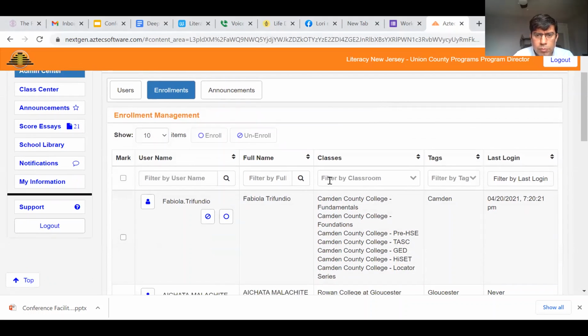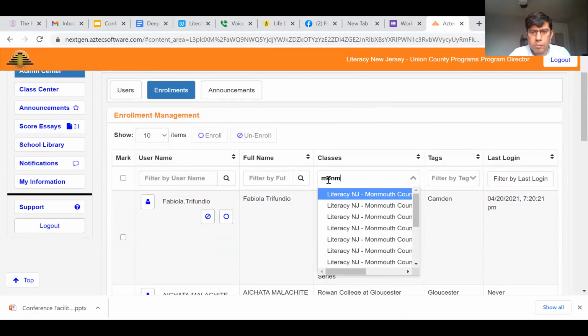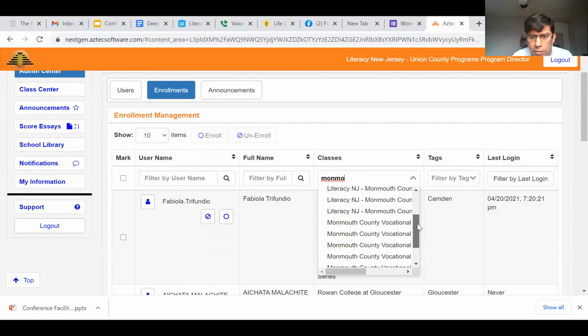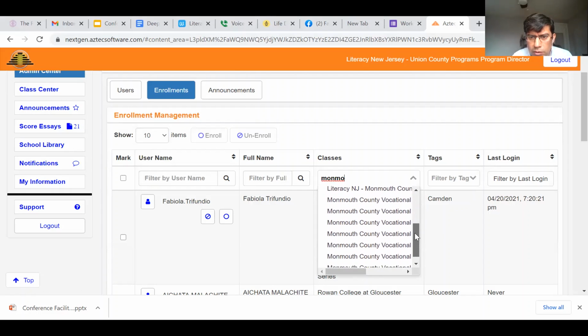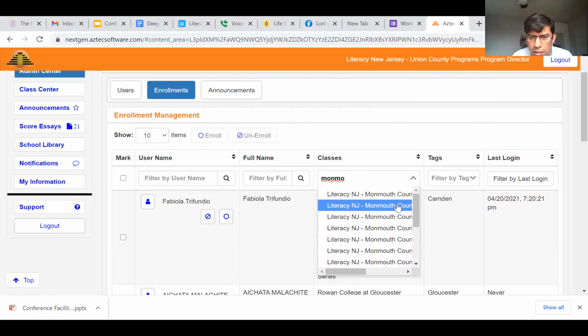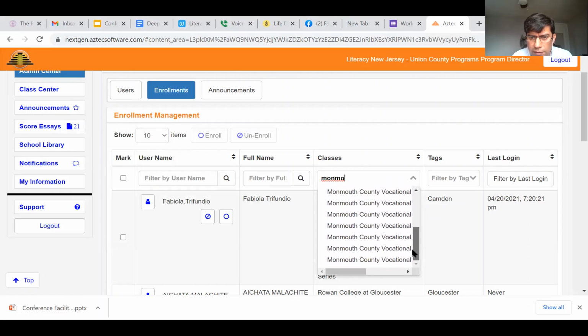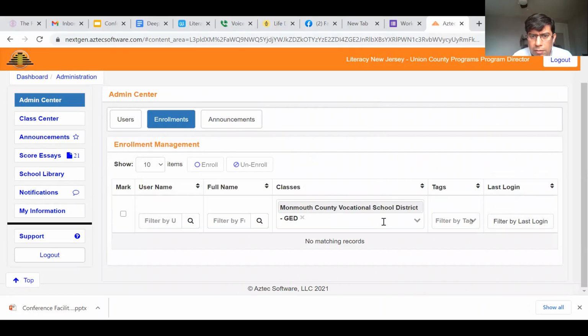We can go to each program here. So for Monmouth, we have Literacy New Jersey and Monmouth County Vocational School District. We have 2 institutions for Monmouth.